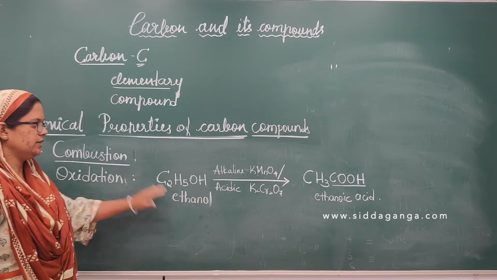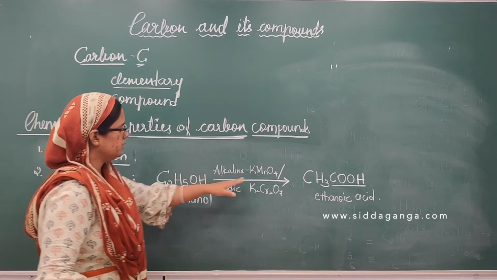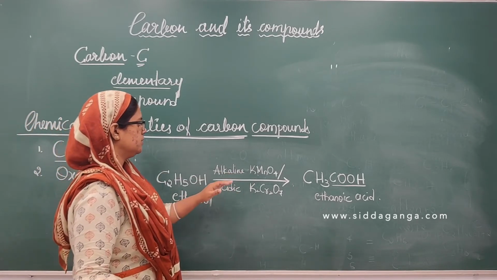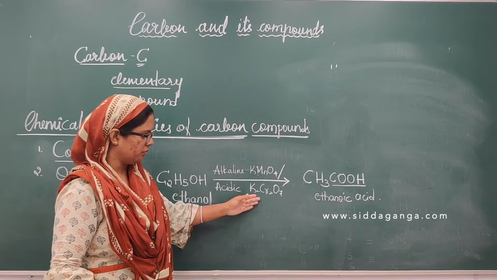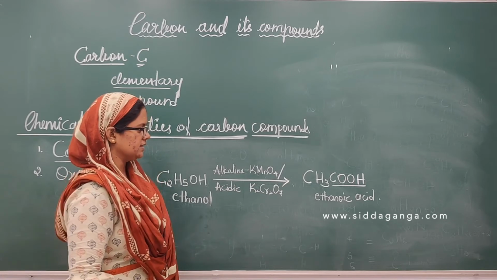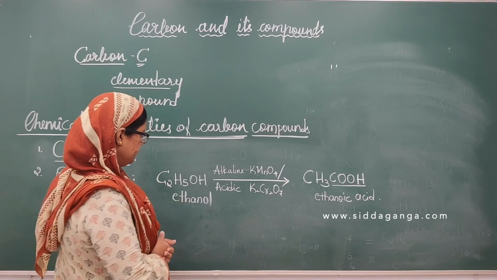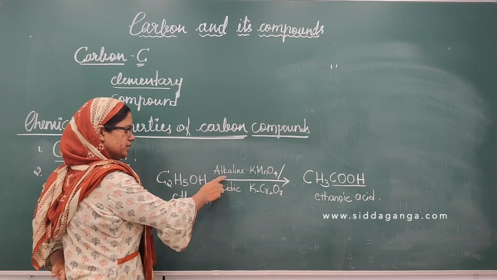When ethanol is reacted with alkaline potassium permanganate or acidic potassium dichromate, it gives the compound called ethanoic acid. What happened here? These two are giving oxygen, whether this or this.